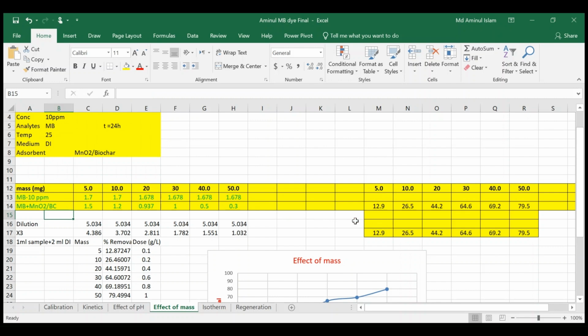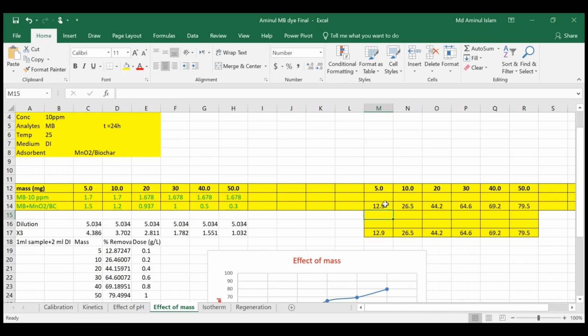So, in order to calculate, you need to do equal to C13. That means absorbance of standard minus absorbance of sample divided by absorbance of standard into 100. So using this formula, you can easily calculate percent removal.